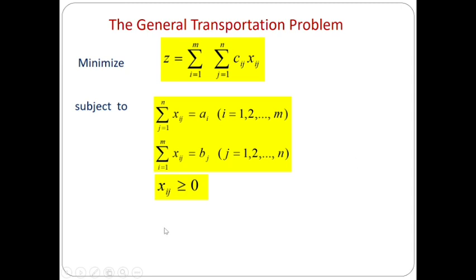And here the decision variables should be greater than or equal to 0. This is the general LPP form of the transportation problem.